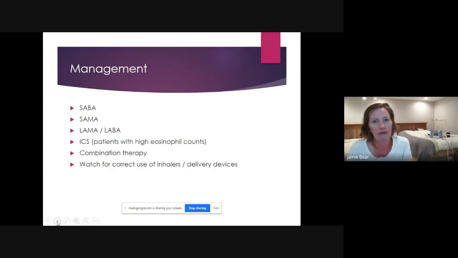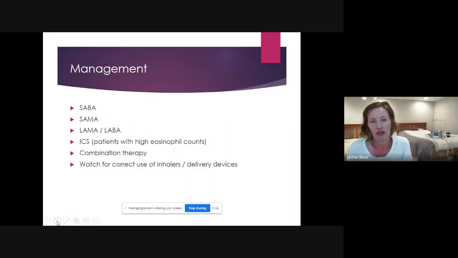Then stepping up with the management with pharmacology would be a SABA. That would be your albuterol, a short-acting beta agonist, and that would be for all patients PRN. And then a SAMA, which is an anticholinergic, that would be your ipratropium bromide.